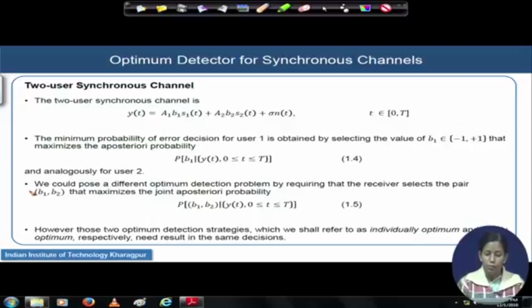So, these are the two approaches. We will discuss the pros and cons of both approaches, and we will refer to one as jointly optimum and the other as individually optimum. So, the first one is the path for individual optimality, and this is the path for joint optimality for the decision of an optimum detector.